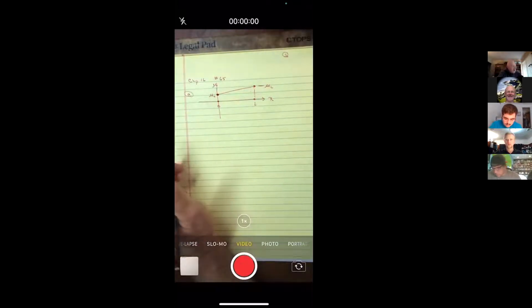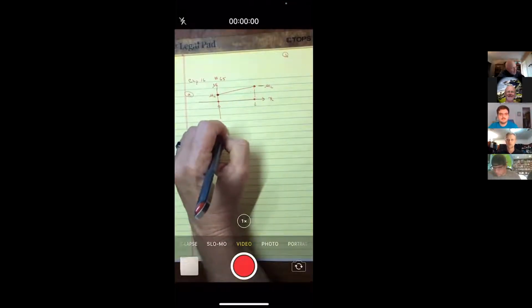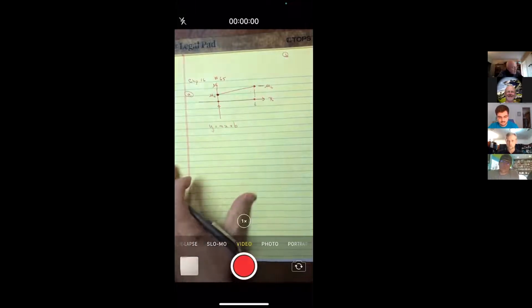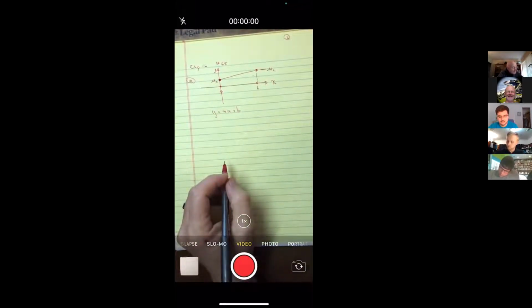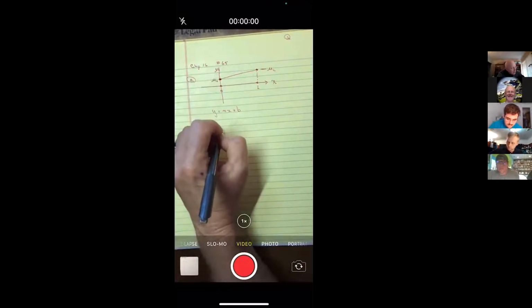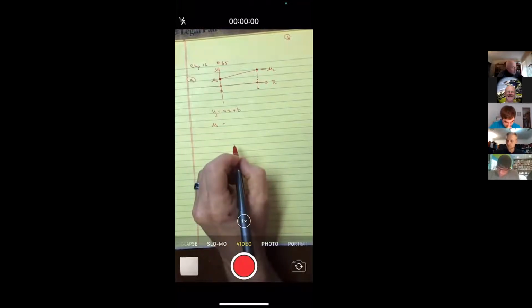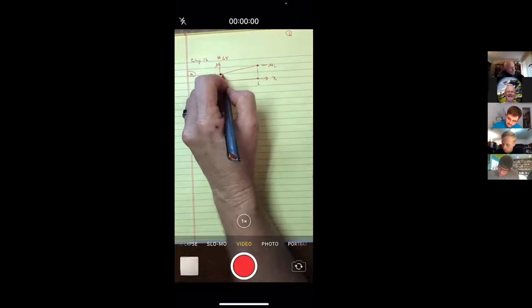Okay, and then let's find the function. I'll start by reminding you the equation of any line is y equals mx plus b. M is the slope and b is the intercept. In this case, on the y-axis, I'm plotting mu. So there's going to be my function. I'll start with the slope. The slope is the rise over the run.